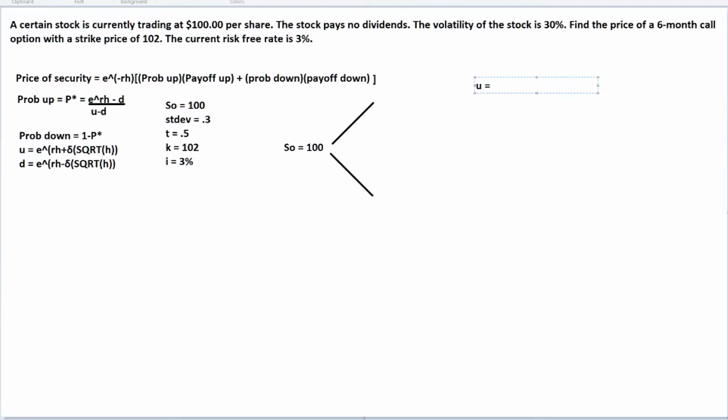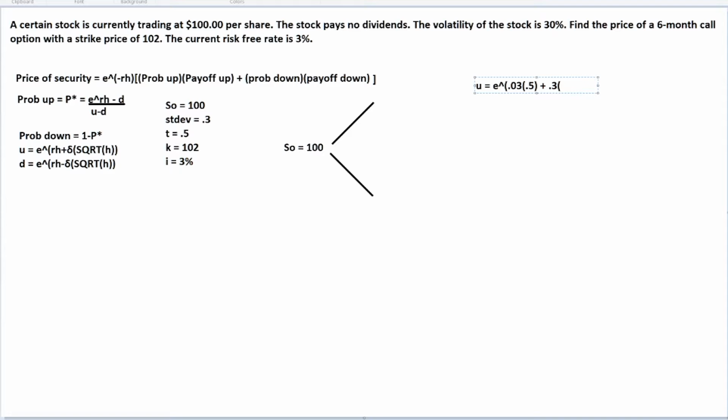Up is equal to e to the power of, and then in parentheses we're going to have r, which is 0.03, times our 1/2, that's the half year, plus, since this is the up factor, 0.3, our volatility, which is 30%, and then we have to multiply it.